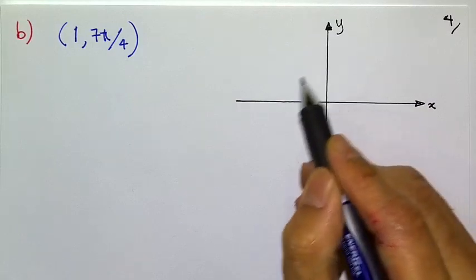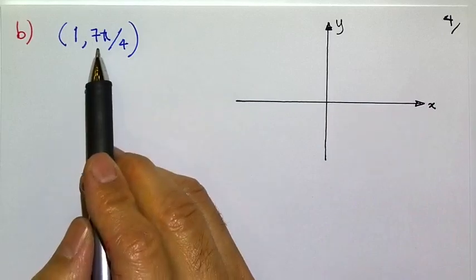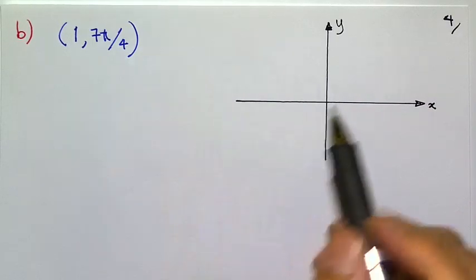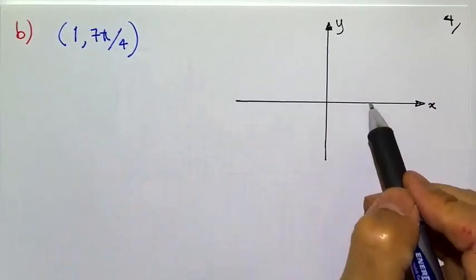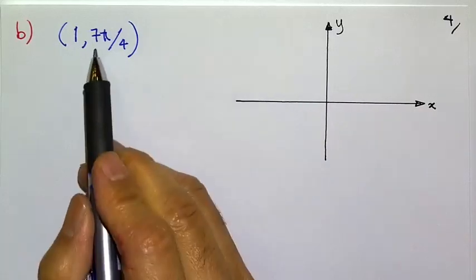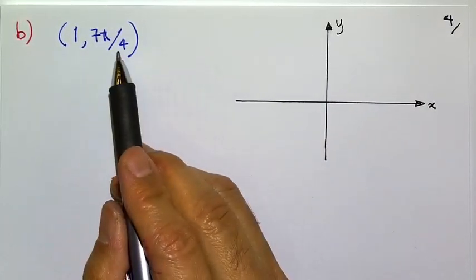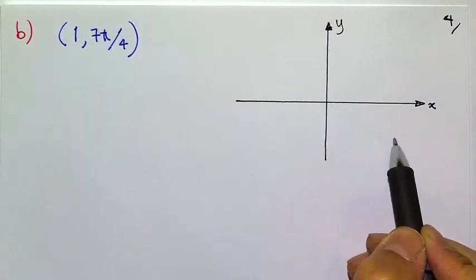From the polar axis, go counterclockwise back to the polar axis. But this isn't 8 pi over 4. It's a little bit less than that. And because this is positive, we're moving counterclockwise. So which quadrant do you think this should be? If it's a little bit less than 2 pi, it would be right here, right? We would be in the 4th quadrant.